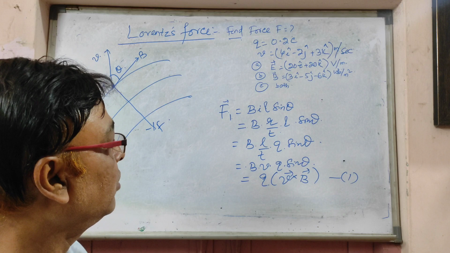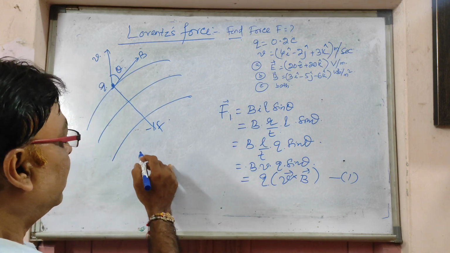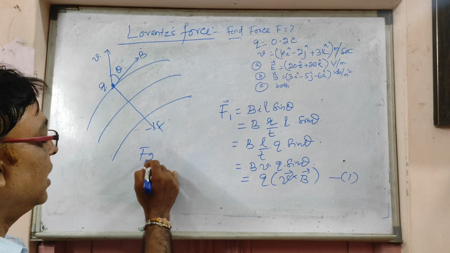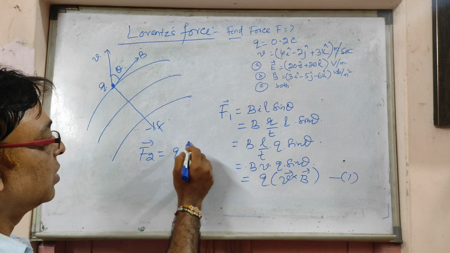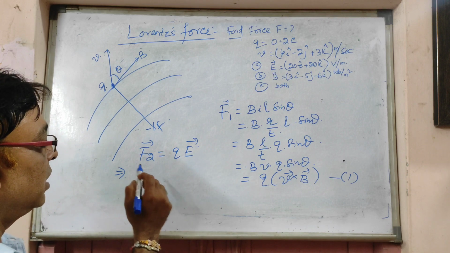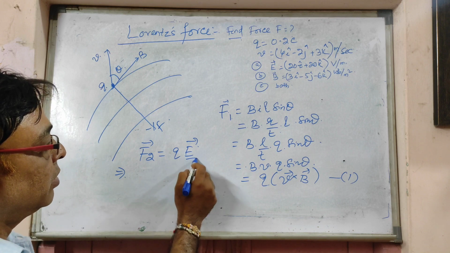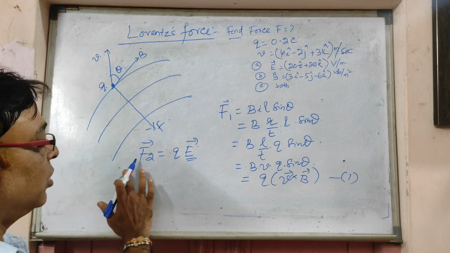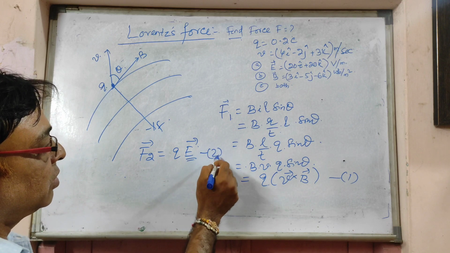Now we know that the force acting on the charge due to the electric field, suppose F2, is Q into E, where E is the electric field. This is equation 2.